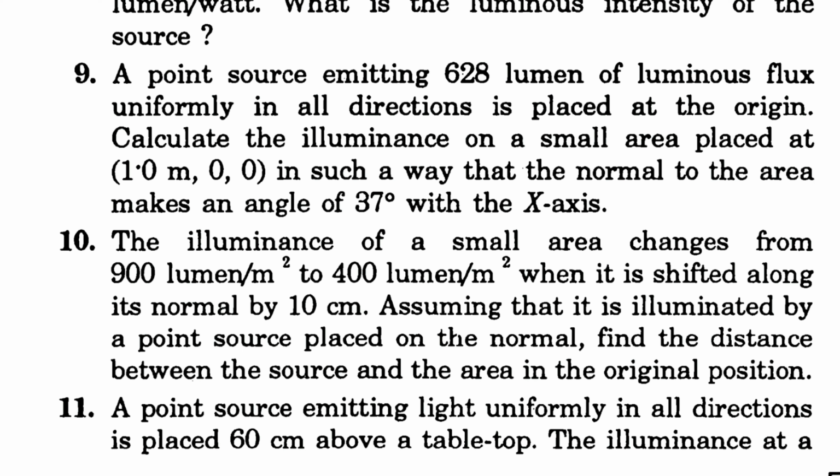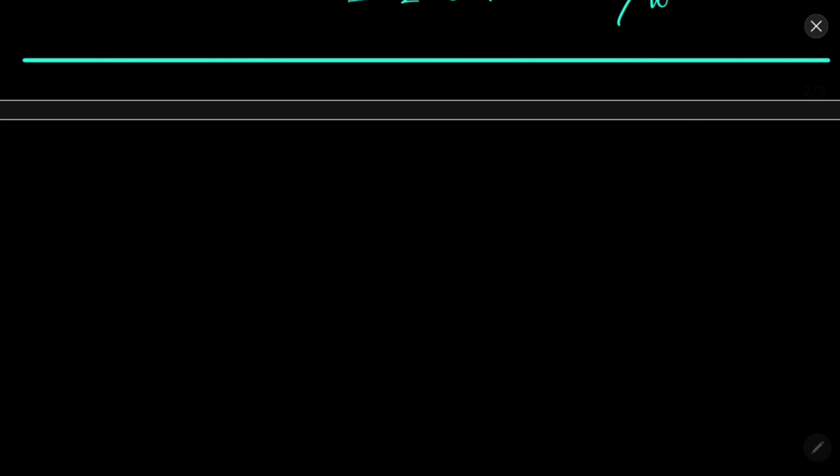In the ninth question, a point source emits 628 lumen of luminous flux uniformly in all directions. It is placed at the origin, that is at 0, 0, 0. Calculate the illuminance on a small area placed at 1, 0, 0 in such a way that the normal to the area makes angle of 37 degree with the x-axis. So let's try to imagine the situation. Ninth one.